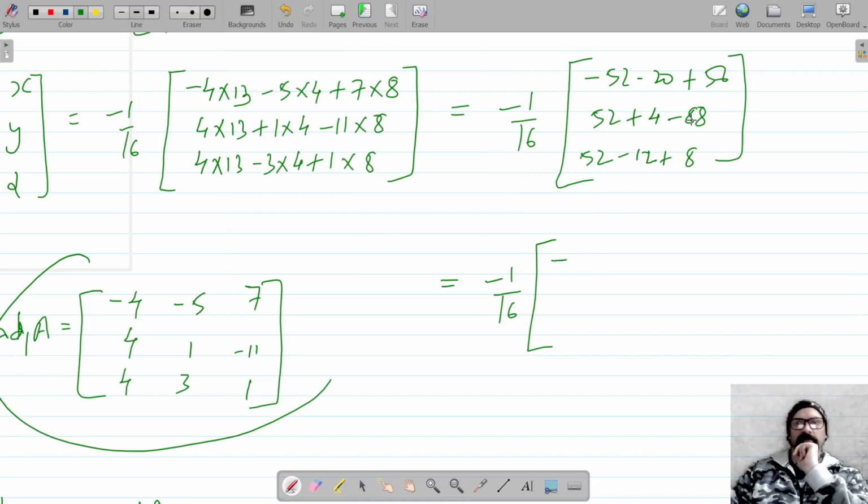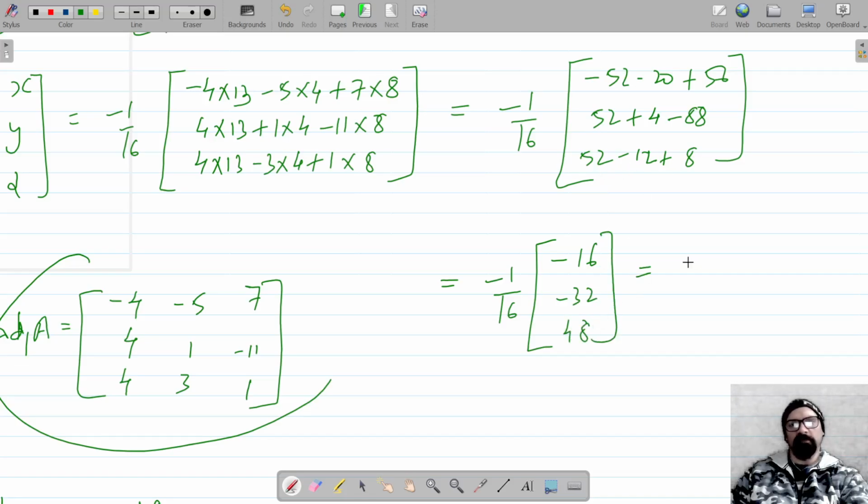This would be negative 72. 52 plus 4 is 56, and 56 minus 88 is minus 32. And 52 minus 12 is 40 plus 8 is 48.